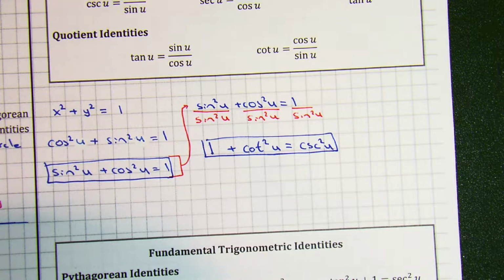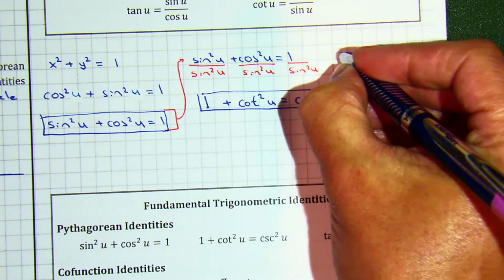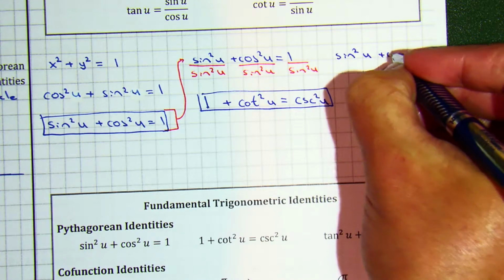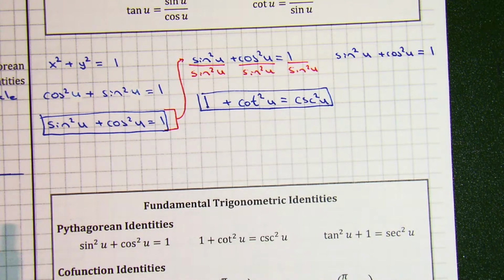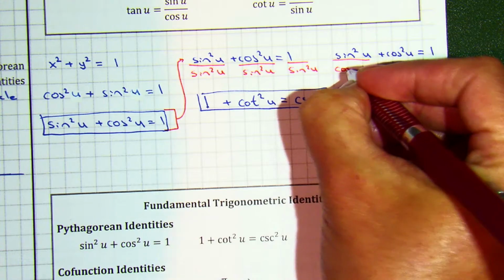And now we're going to prove the third one, which is here. I'm going to do the same thing. I'm going to write down sine square of u plus cosine square of u equals 1. And now instead of dividing by sine square of u, I'm going to divide by cosine square of u.